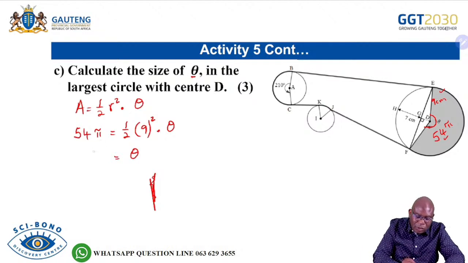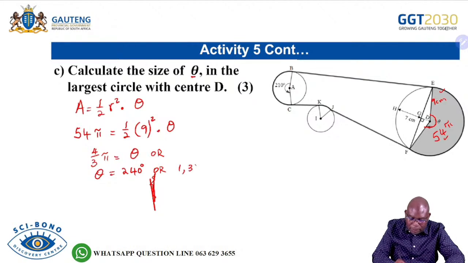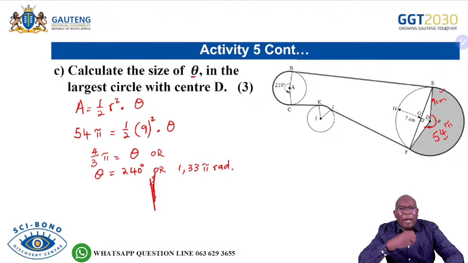So my answer there is going to be 4/3 pi. Or I can write my answer as 240 degrees. Or I can write my answer as 1.33 pi radians. So my answer will be 240 degrees. How do I know I'm correct? It is because that angle is more than 180 degrees, so it could be right.